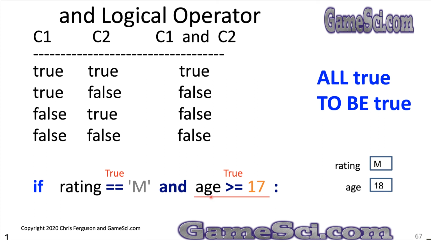Now we'll look at age greater than or equal to 17 with an 18 in the age variable. 18 greater than or equal to 17 is a true statement, so both sides of the AND are true. Well, if you look up here at the truth table, what does that tell you about the overall result? All true to be true. If you AND those two values together, it'll produce a true result.